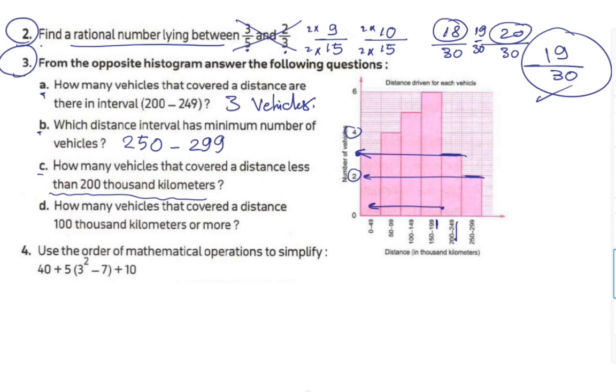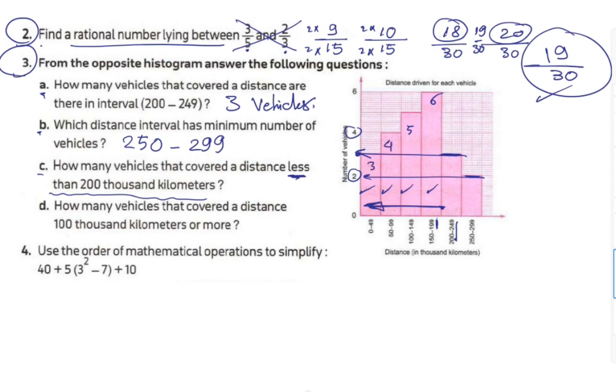Okay, so this interval and this one and this one and this one. This interval has 6. The next one has 5. This one has 4 and this one has 3.